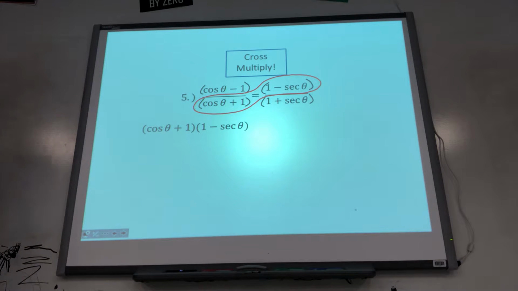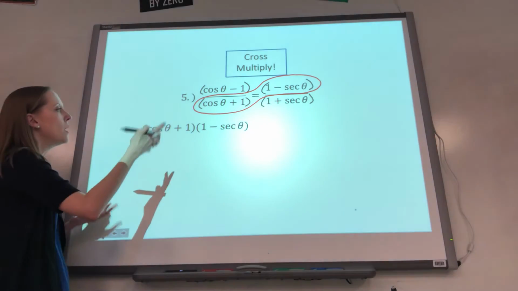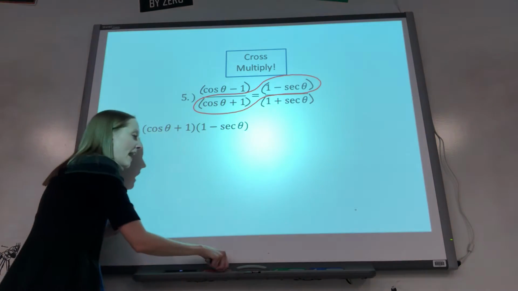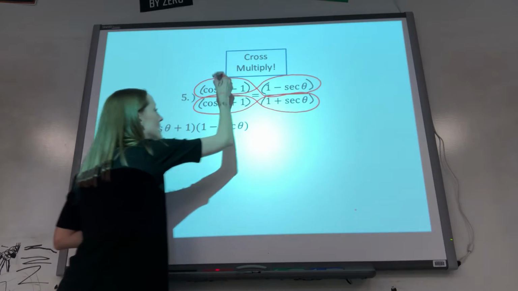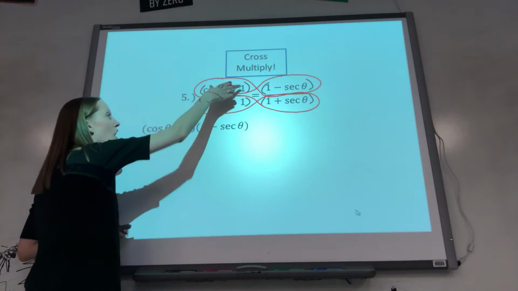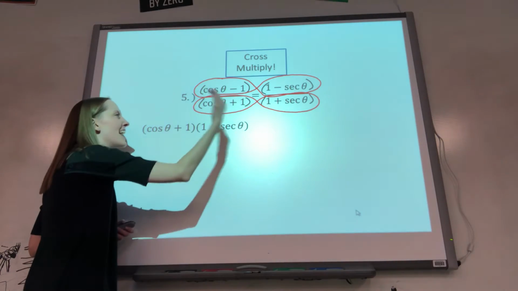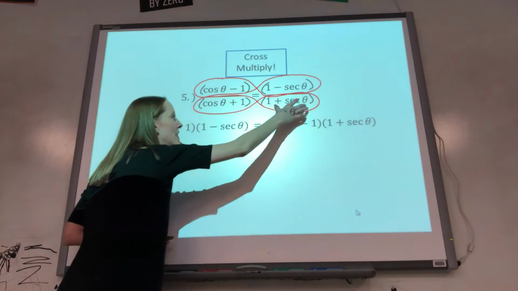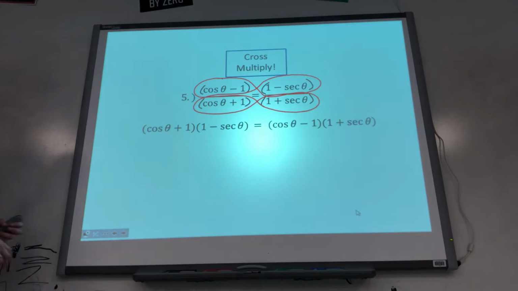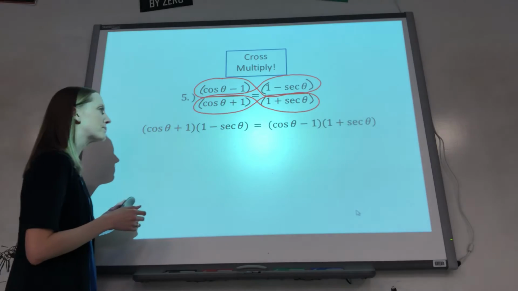I'll have to simplify that a little bit more, but that's good for now. And then the other diagonal, same way to do it, cosine of theta minus 1 times 1 plus secant of theta. I'm just putting them right next to each other.